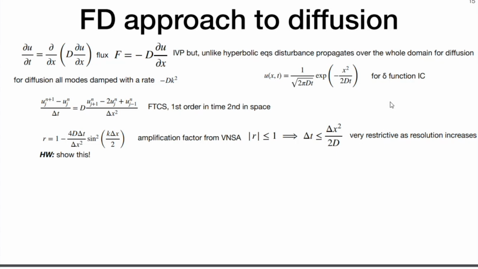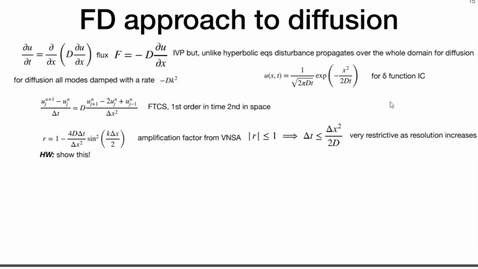It's the mod of R which matters. So if it is minus 1.5, it goes from 1 to minus 1.5 to minus 2. So delta t should be less than delta x squared by 2D from von Neumann's analysis. Again, one would show this.